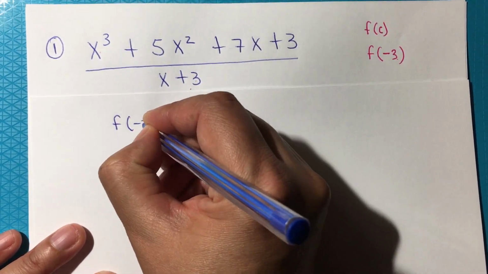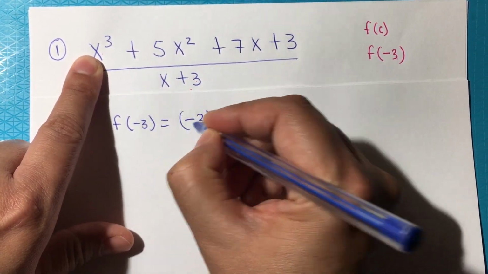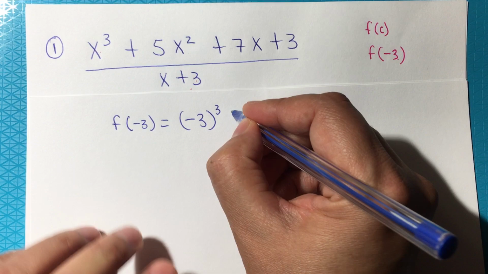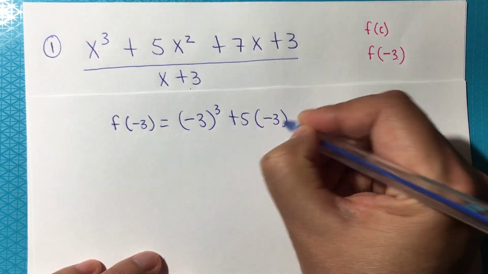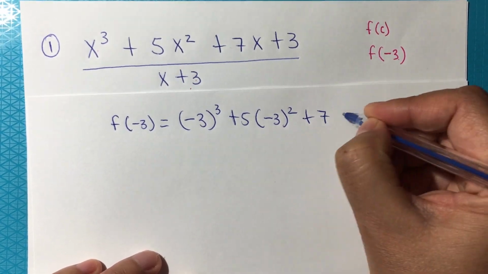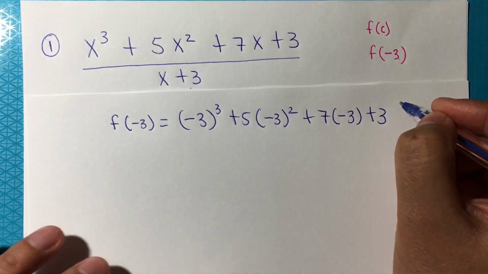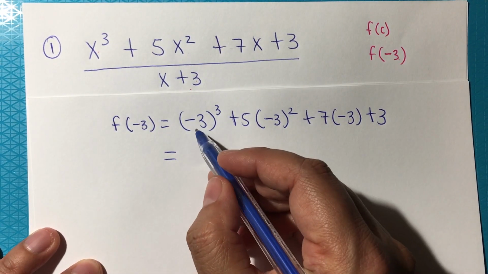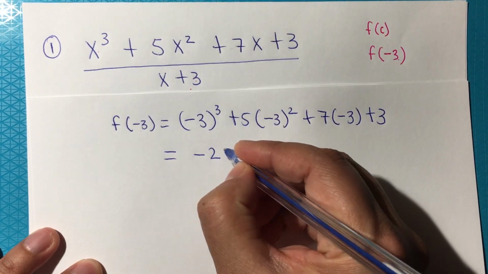So f of negative 3 means that we have negative 3 cubed plus 5 times negative 3 squared plus 7 times negative 3 plus 3. And so negative 3 times negative 3 is positive 9, times negative 3 is negative 27.